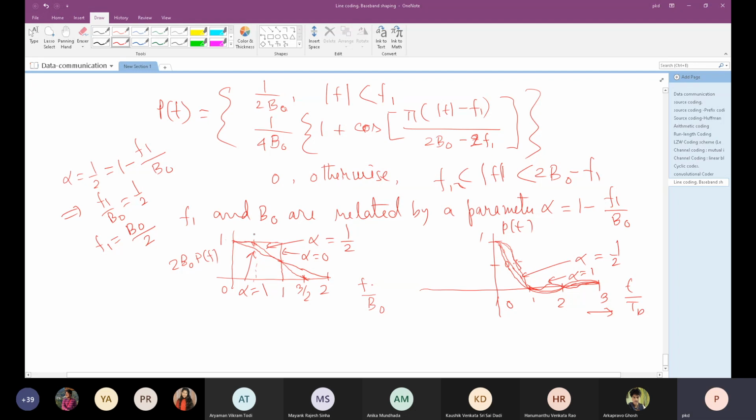So therefore, for alpha equal to half, up to this point, this remains as 1 according to this function. Okay, and then for f greater than f1, this function is implemented as 1 by b0, which is a smoothly decaying function.